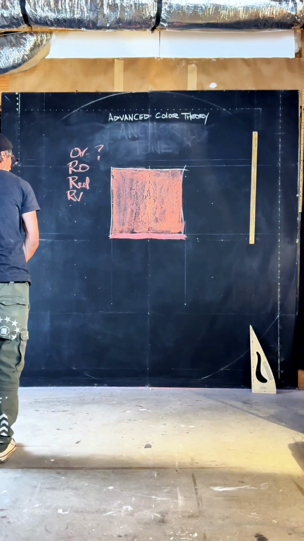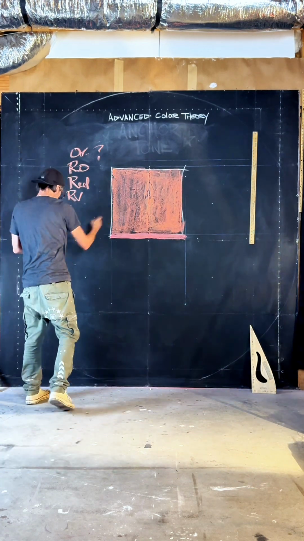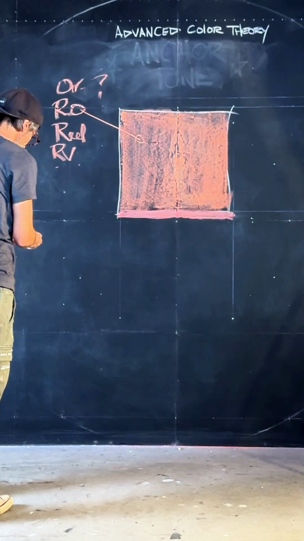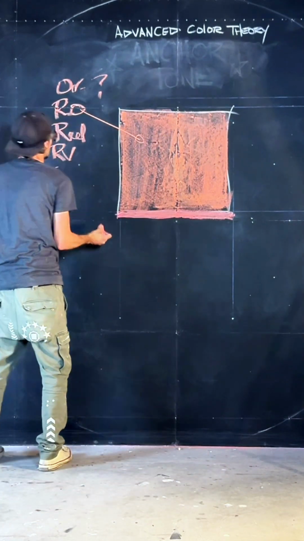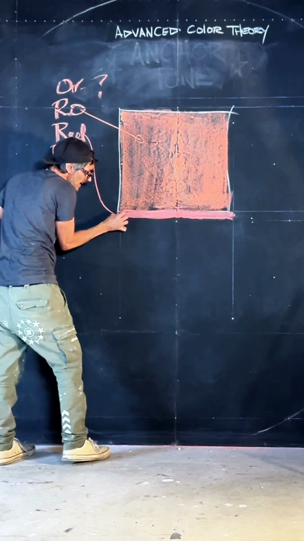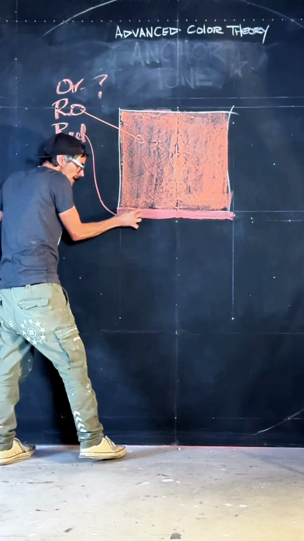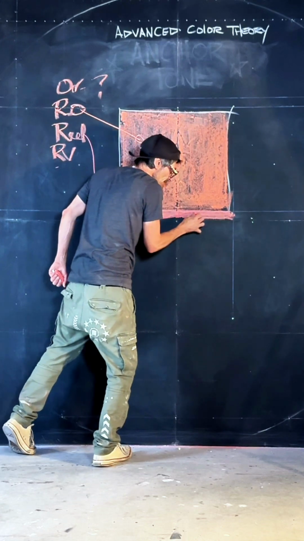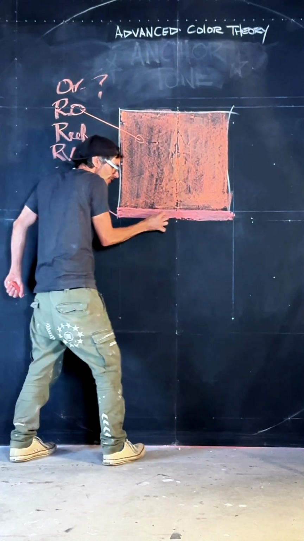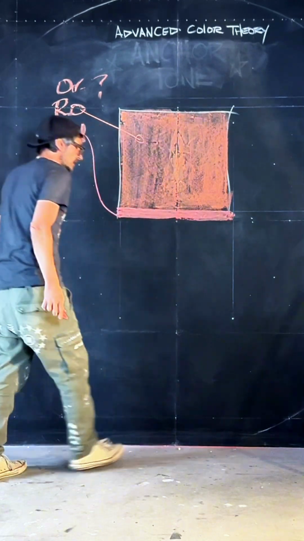We can see now that this is red-orange because this is red. So this is the anchor tone. It is anchoring in the tonality, or the key signature, if you will, of the painting, right?